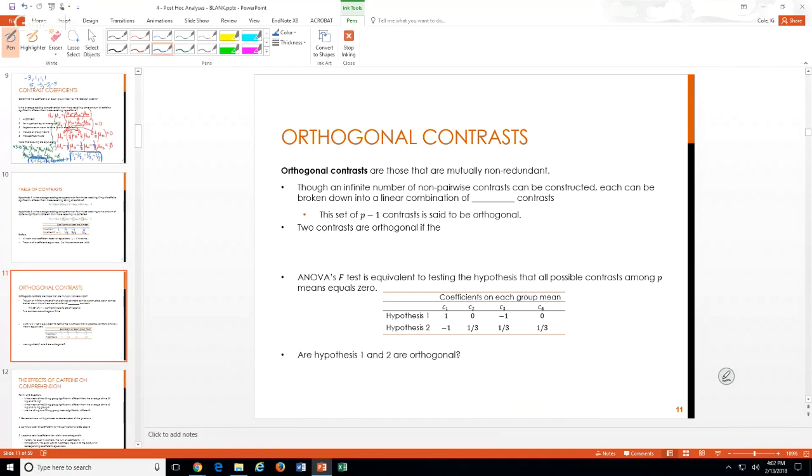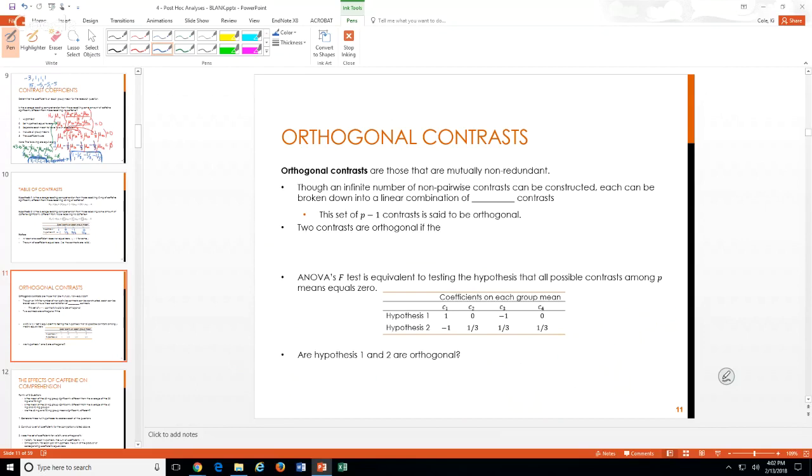Now let's talk about sets of contrasts being orthogonal. Orthogonal contrasts are those that are mutually non-redundant. They each give us unique information about the relationship among our groups.